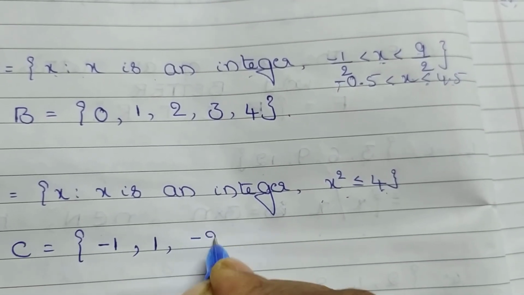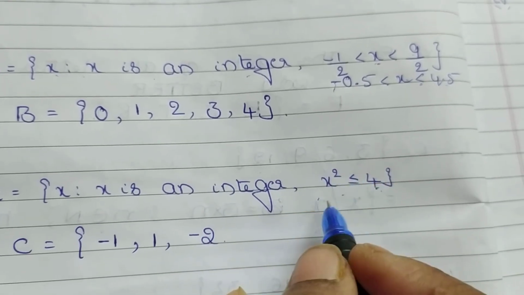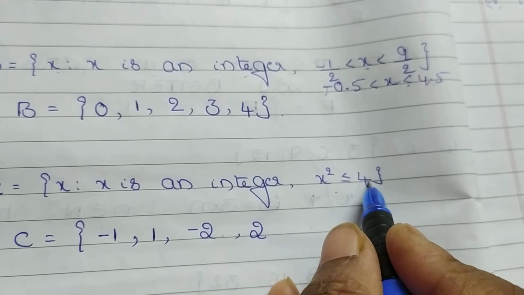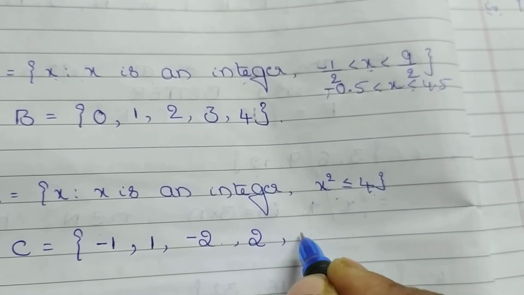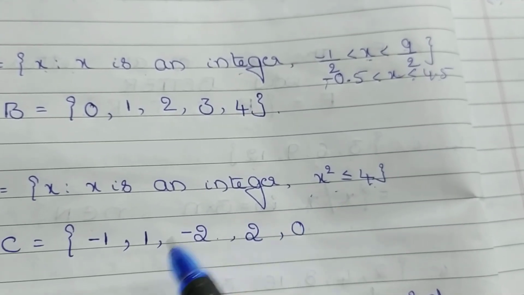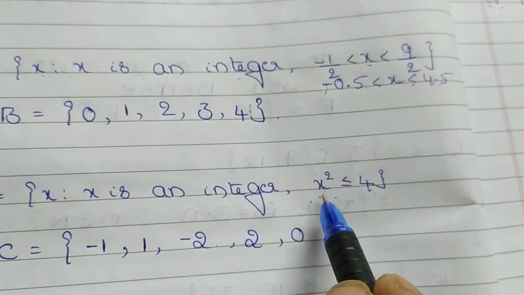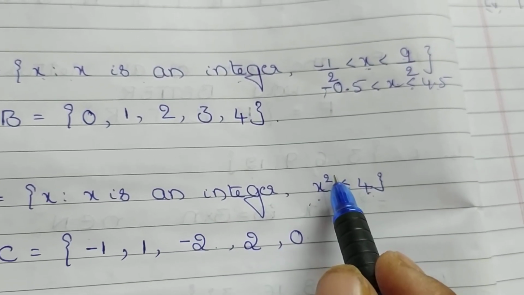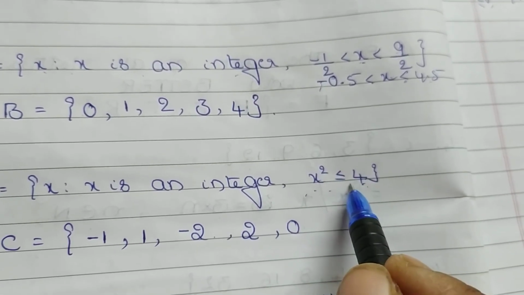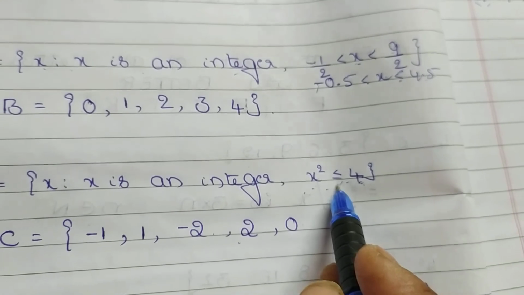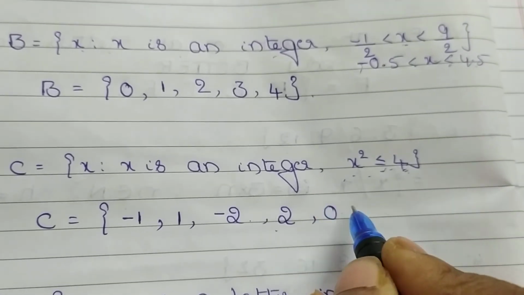Similarly, if I take minus 2 whole square, it is 4. Plus 2 whole square is also 4, which is equal to 4. So 0 also will satisfy. If I take any other number other than this, suppose if I take x equals minus 3 whole square, it is 9. 9 is not less than or equal to 4. So these are the values which will satisfy the given statement.